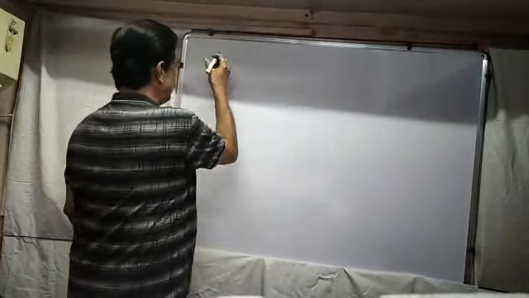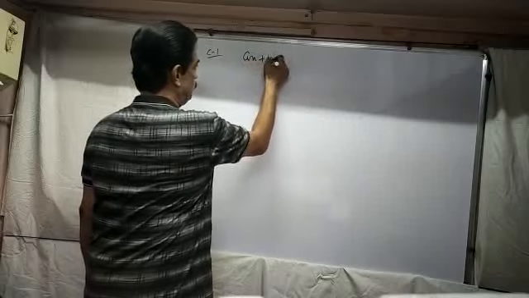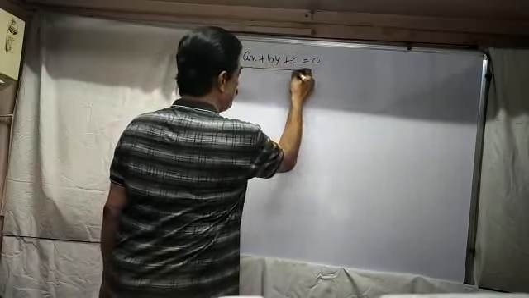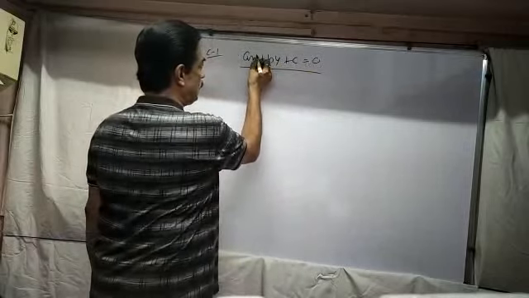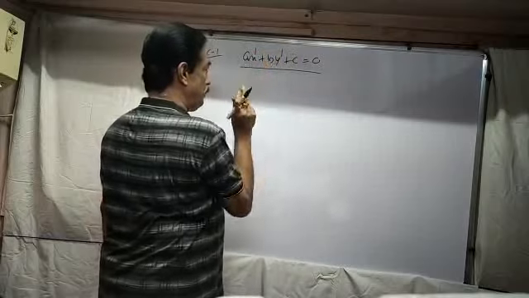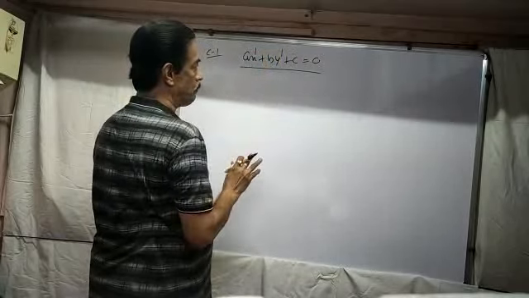Case 1: ax plus by plus c equals 0. This is the standard form of a straight line where the maximum power of x is 1 and the maximum power of y is 1. Maybe x is 0, maybe y is 0, but there is no term in xy.